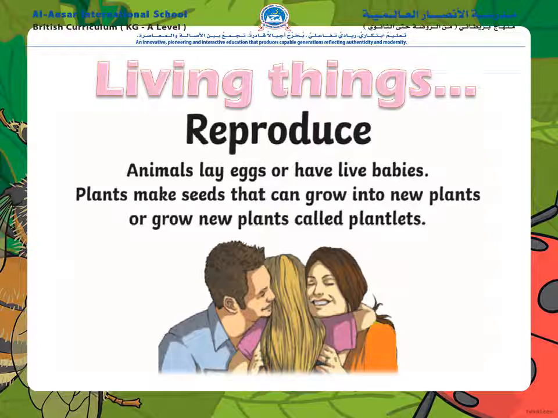Think about some non-living things. Can they reproduce? Like your pencils can have more pencils. Can they have babies? No, because they are not alive. So, things that are living can only reproduce or have another one of themselves.